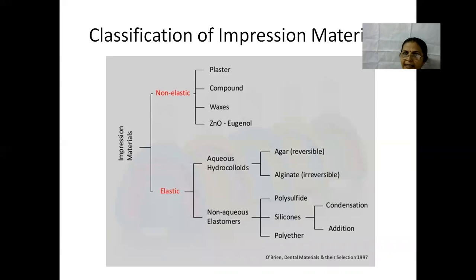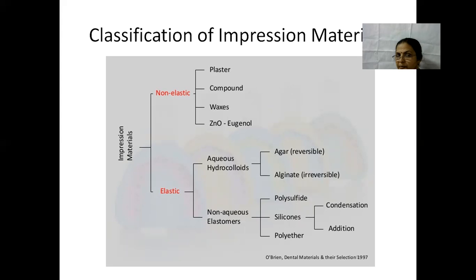Another classification of impression materials is non-elastic and elastic. Non-elastic may be called rigid impression material, which includes plaster, impression compound, impression waxes, and of course zinc oxide eugenol impression paste.